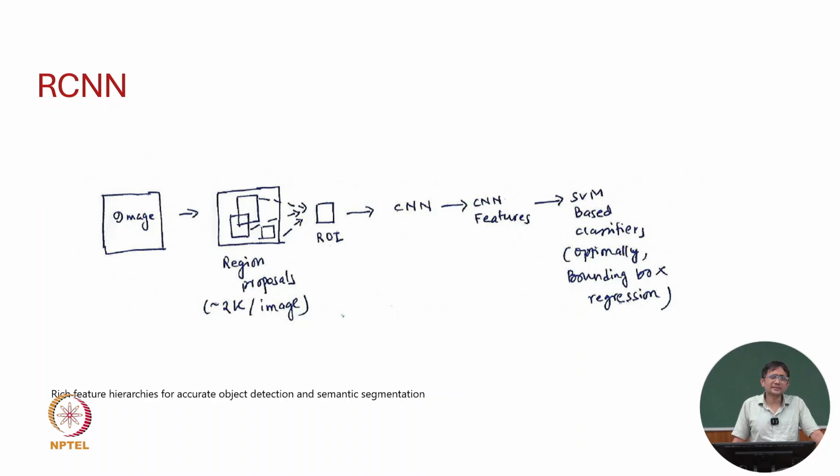But of course there is some transition period where people started adopting CNNs, but they were still so much habituated to using SVM. That's why at that point of time it's very difficult to think of a particular framework where they are not still using SVM in one way or the other.